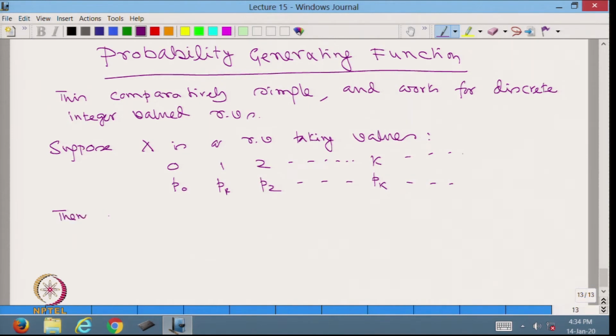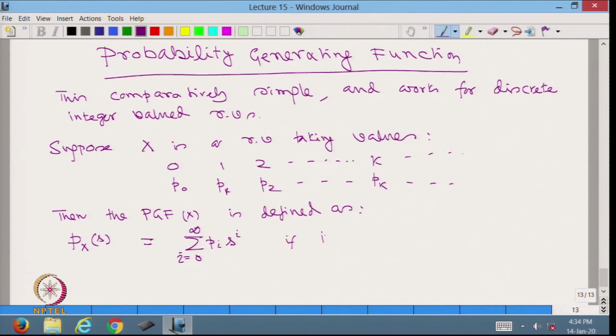Then the probability generating function of x is defined as P_x at s is equal to sigma p_i s to the power i, i is equal to 0 to infinity, if it converges for some interval minus s naught less than s less than s naught around 0.